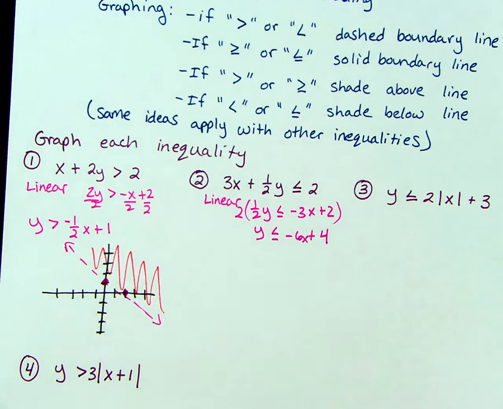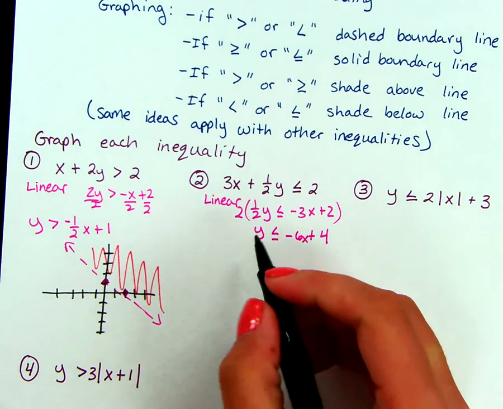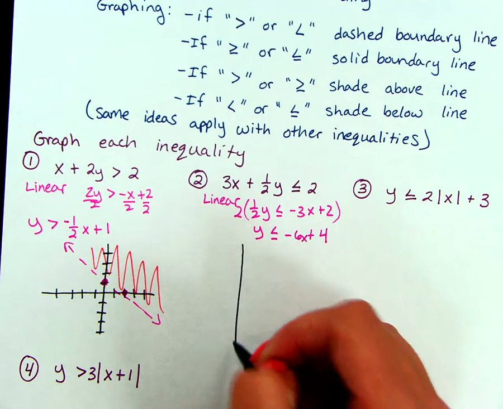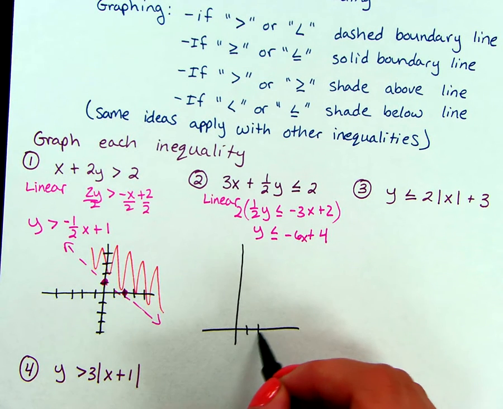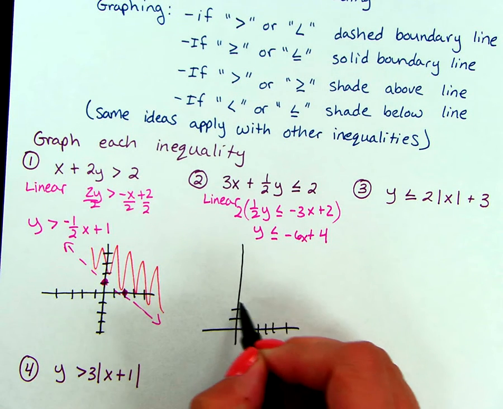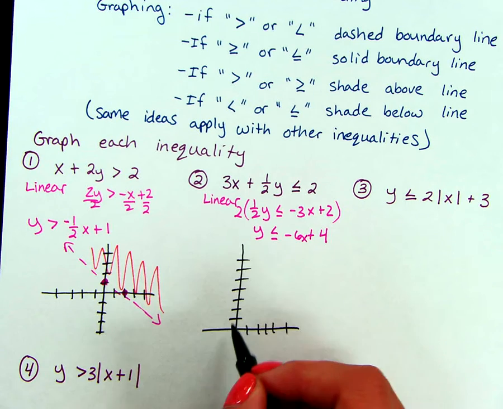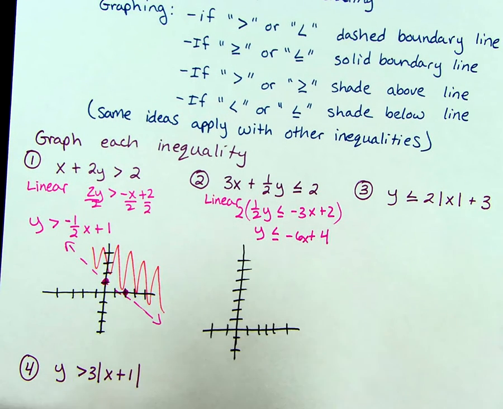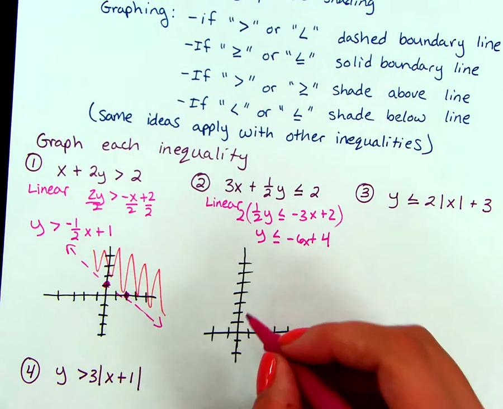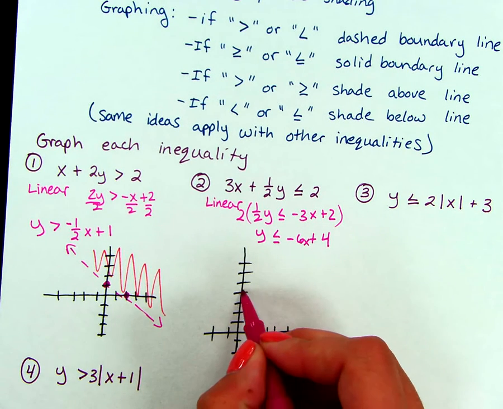Again, I'll make my graph to start with. Starting up at the y-intercept of 4, so 1, 2, 3, 4, here's my point.